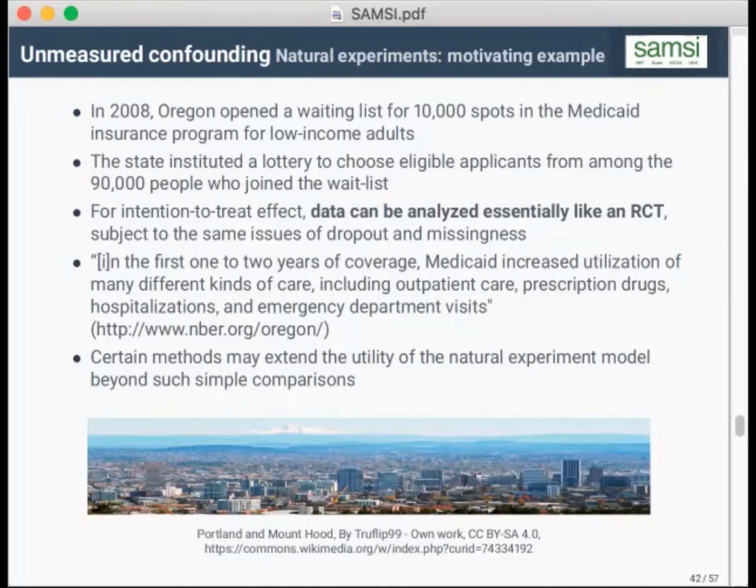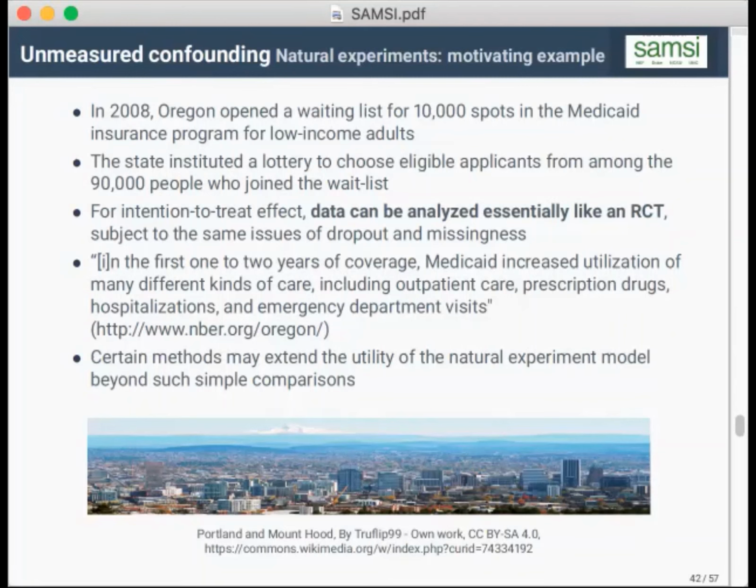It just wasn't randomized for the purpose of research or by any researcher or study design. And so for the effect of receiving a spot in the Medicaid program on various outcomes, these data can be analyzed just like a randomized trial, where the 80,000 people who were eligible but did not receive spots in the program are the control subjects, and the 10,000 who did receive spots are the treated subjects.